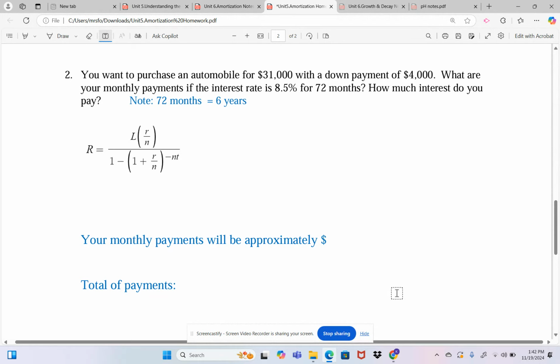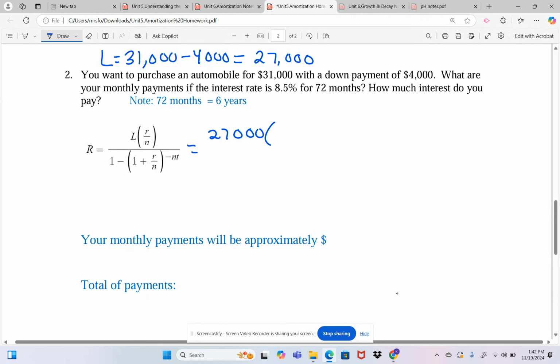All right, so we want to find out what the monthly payment is, the total of your payments, and then we can determine how much interest we pay. So, L, how much is the loan? The car's $31,000, but we're putting $4,000 down. So the loan is only for $27,000.